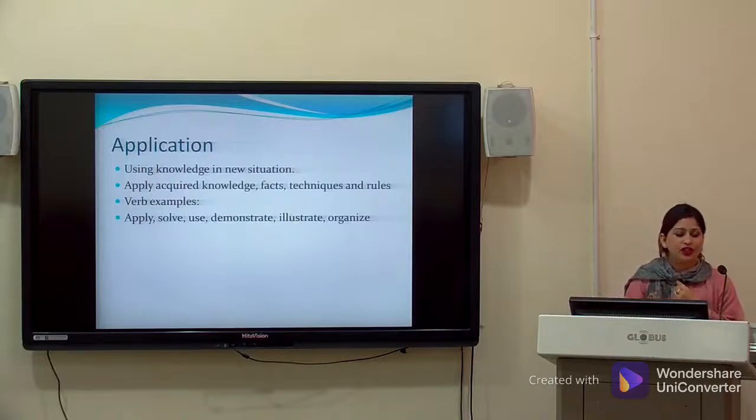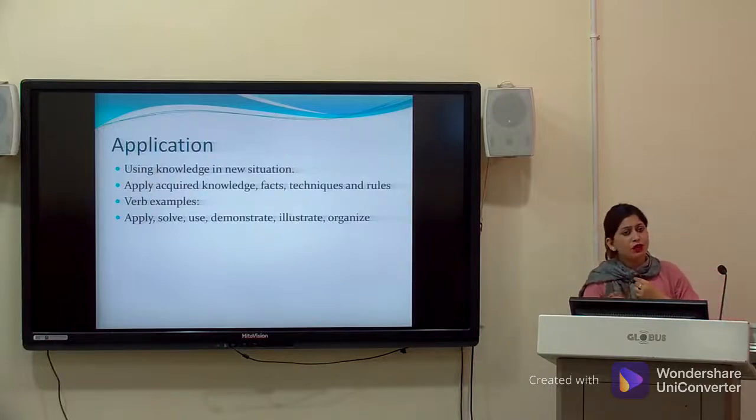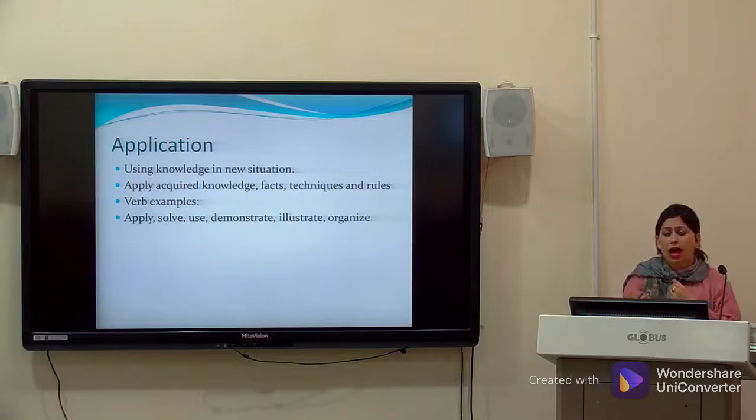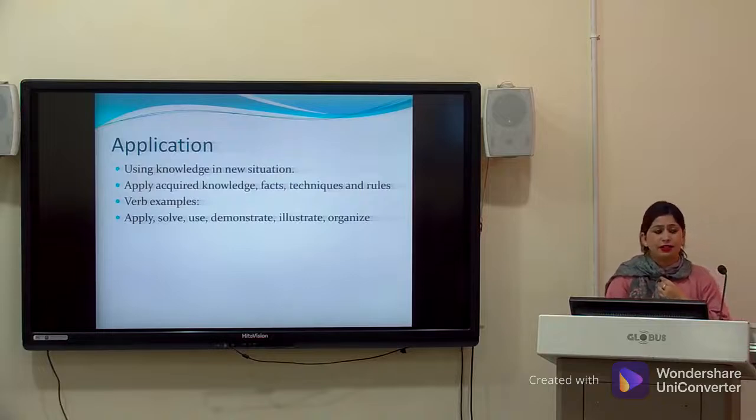That's the application part. And the action verbs, in order to assess how the learner reached the level of application, the teacher will ask questions like apply: can you apply this, or solve this, illustrate this, organize this, use it.